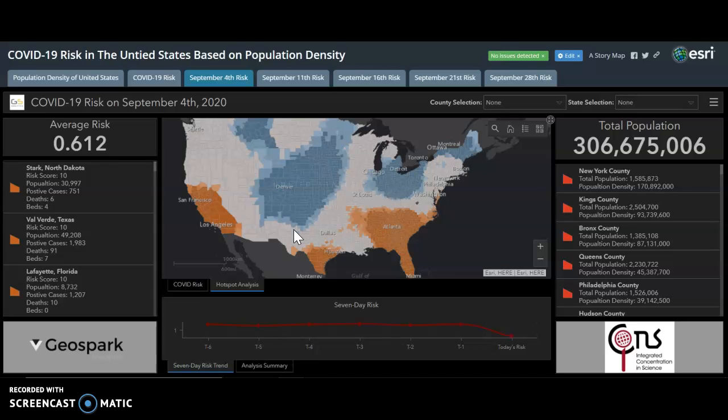Additionally, we have a hotspot containing all of southern Texas from Houston south, and additionally most of the southeast United States, including North Carolina, South Carolina, Georgia, Tennessee, and parts of Alabama, is contained in a singular hotspot. This hotspot is designated by a high COVID risk score in a region across multiple counties.